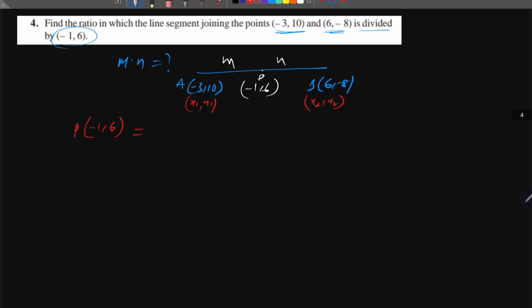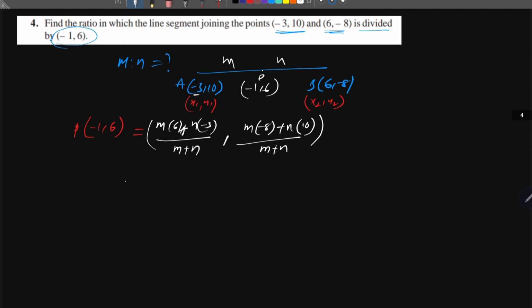As per the formula, mx2 means 6m plus nx1, so minus 3n, divided by m plus n, comma, m into y2, which is minus 8, plus n into y1, which is 10, divided by m plus n.